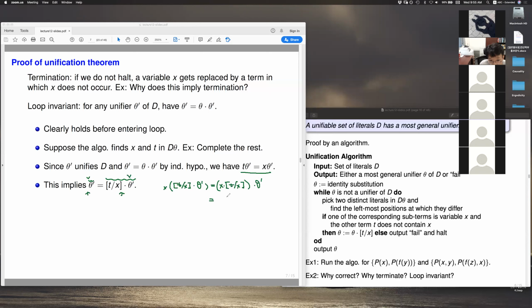Now, if I apply this first substitution, that's going to be the same as t. Now we get theta prime on t. But because of this equality, applying theta prime on t gives the same thing as applying theta prime on x. So that's why this equality is true. Let me erase this much.